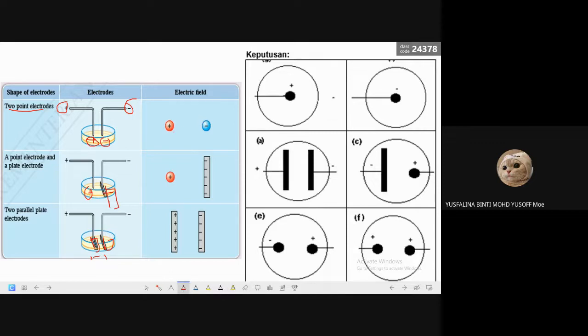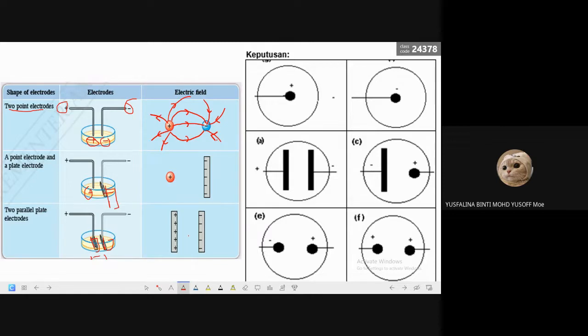The minimum, it should be three lines of field. It should be like this. Right, so this is the electric field for the 2 points of electrode.